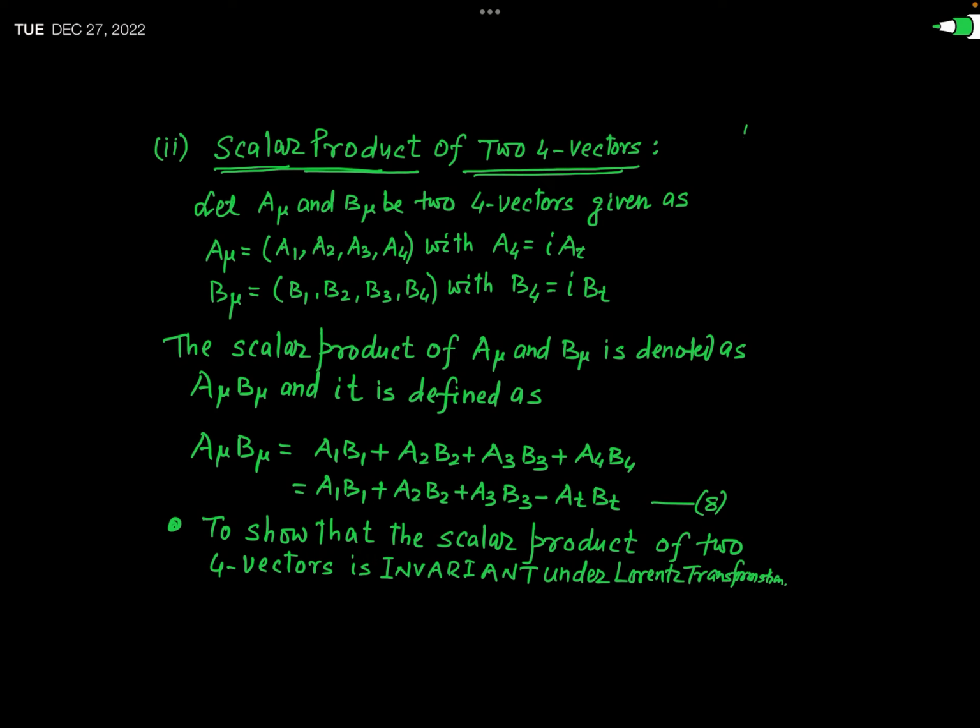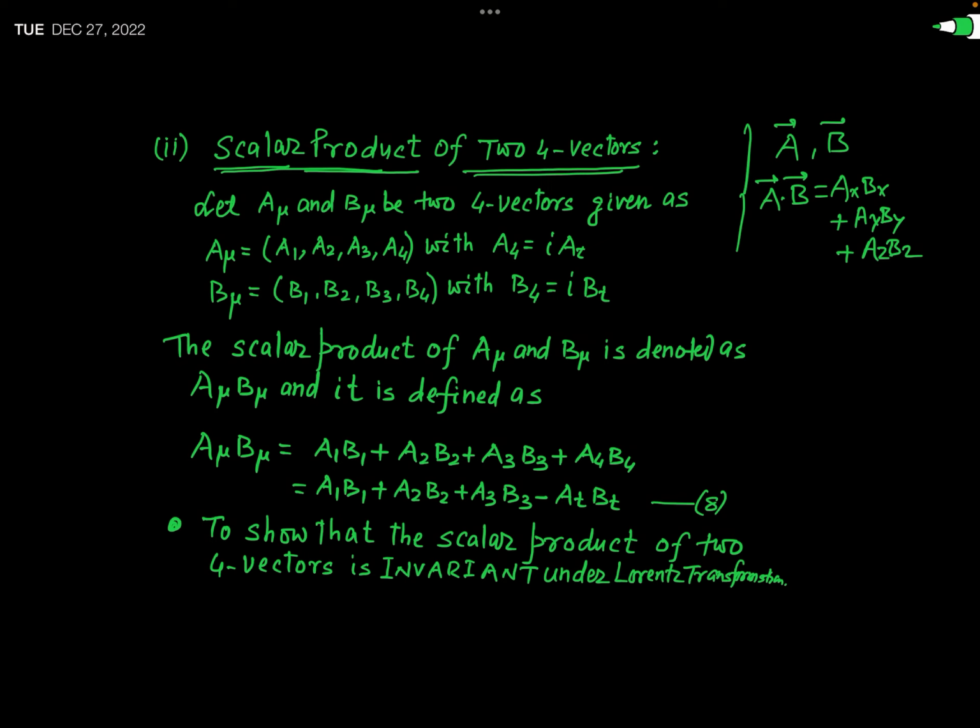As you know, if there are two vectors in 3D space, first one is equal to A and another is B. Definitely you have studied in your lower classes that the scalar product of these two vectors A and B, which is denoted by this symbol A dot B, is defined as AX times BX plus AY times BY and plus AZ times BZ. Can you remember? Definitely you have studied.